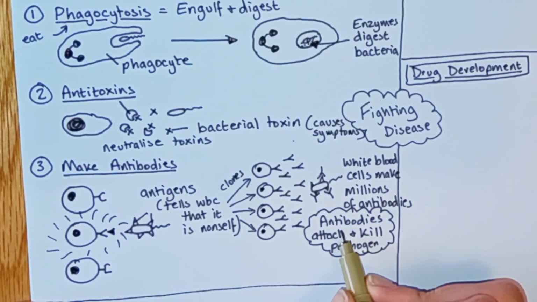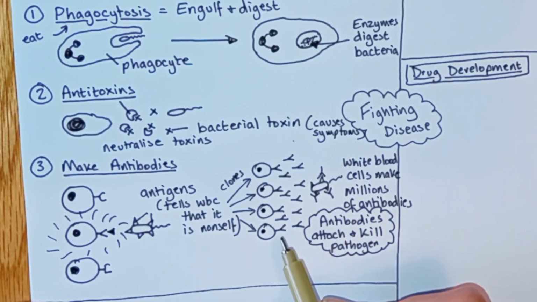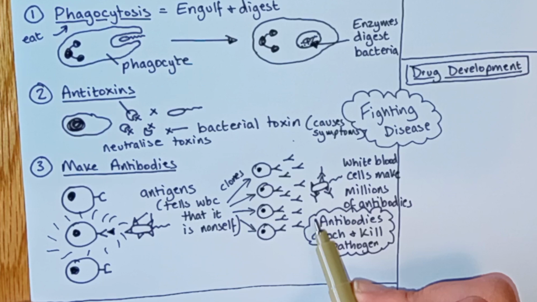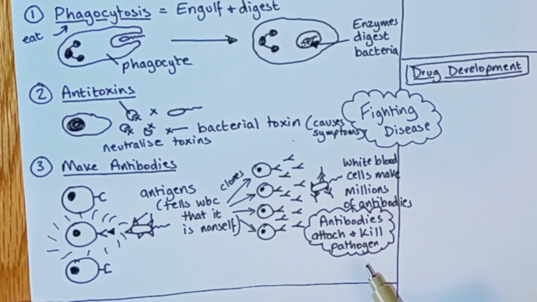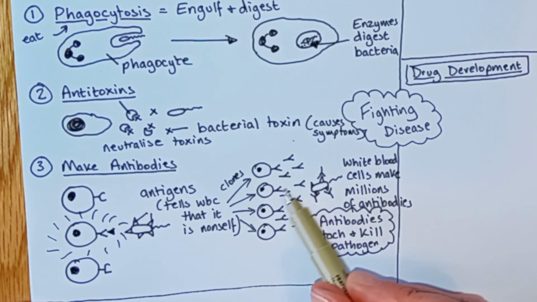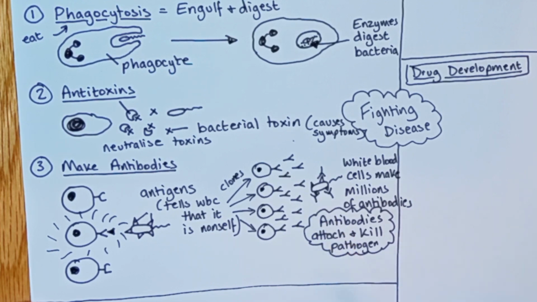So antibodies are our best form of defence because once we've made them, they can travel anywhere in the body. Right. And they usually will kill a pathogen within a couple of days of being stimulated. The antibody level will be so high that all the pathogens are killed.